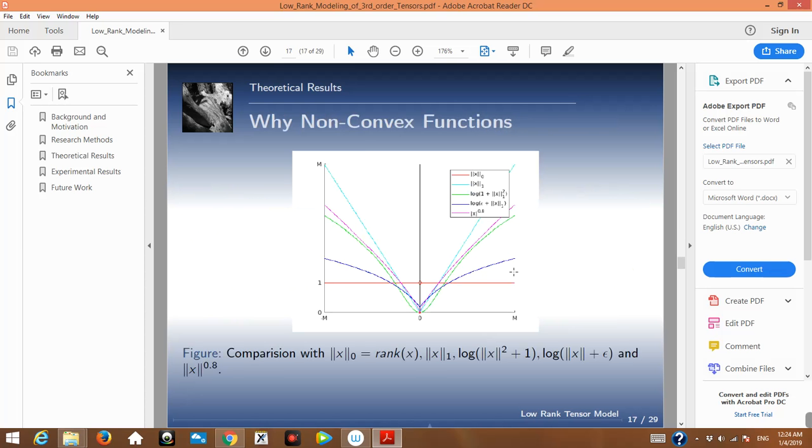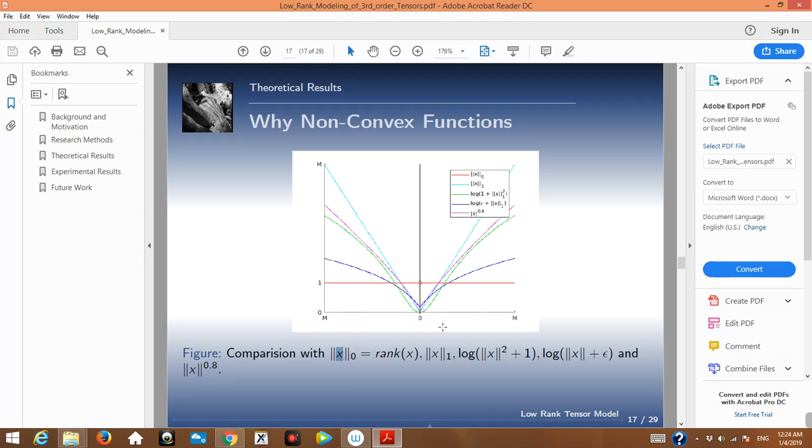So why do non-convex functions perform better? We take this baby example. We consider only one element x. This element is positive, which means the rank of x is constantly 1.